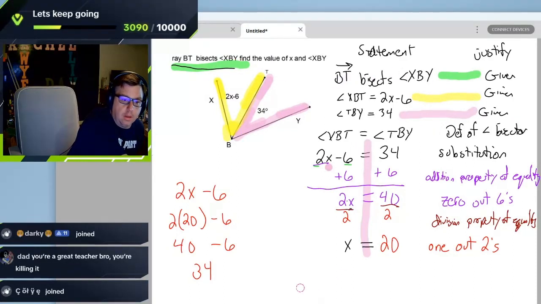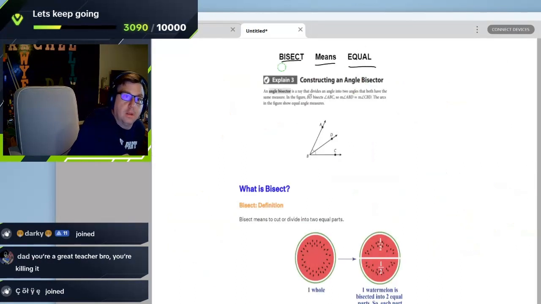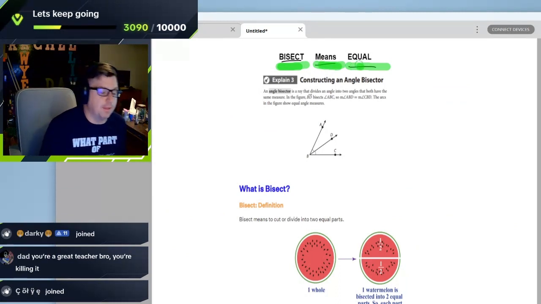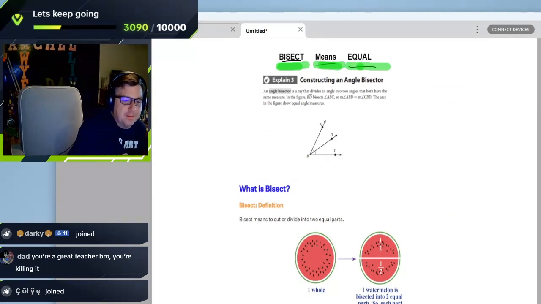And actually, let's make that green. This is to connect this idea right here. So this bisector, why are we using it? Because bisector means equal. I must have said this like 30 times in my class today. But bisector means equal each hour, mind you. So 4 hours, I probably said it 120 times today.